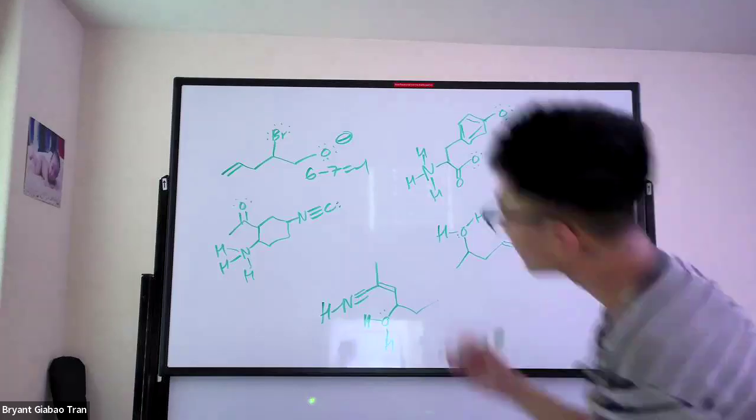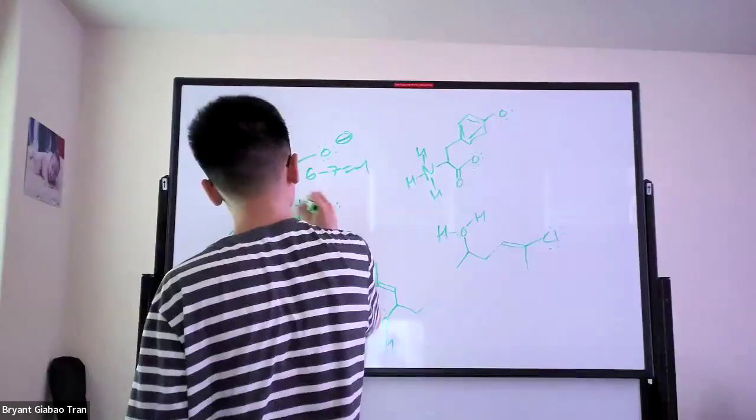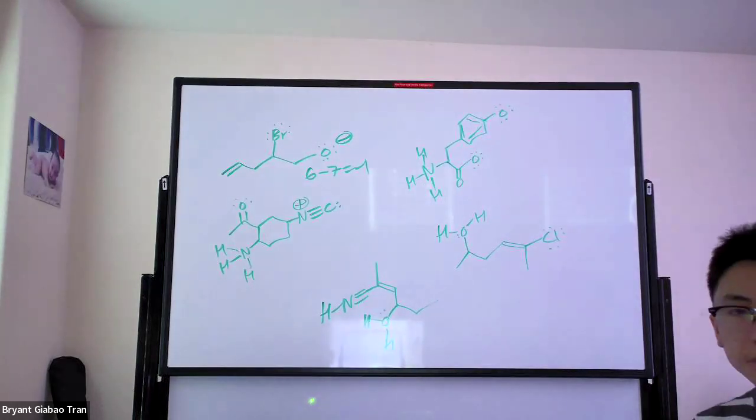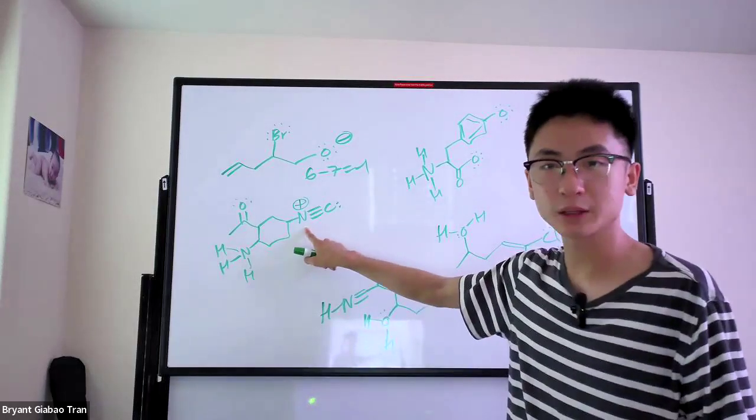So going down, the nitrogen from CN has a +1. Wait, hold up. 1, 2, 3, 4, 5, 6, 7. 1, 2, 3, 4, 5, 6. It's a -1, not a +1. Right? So how many electrons does nitrogen want to itself?